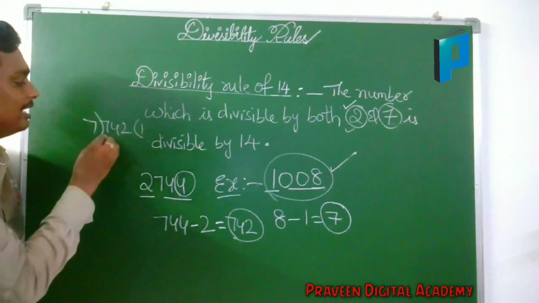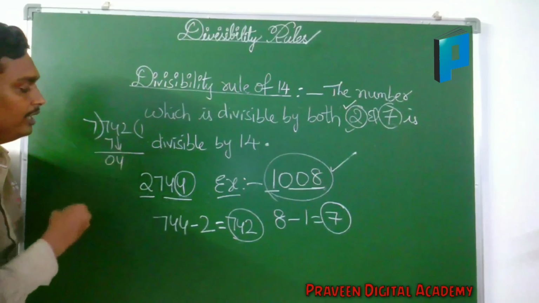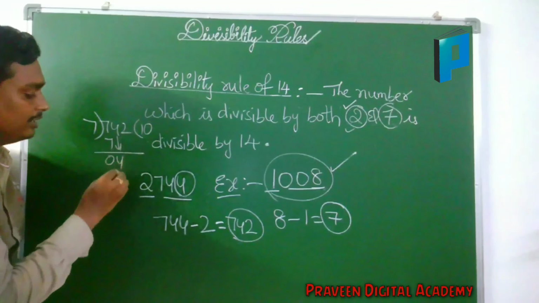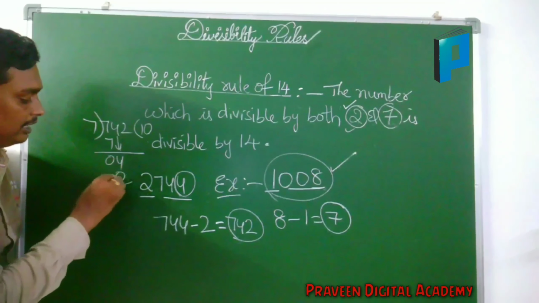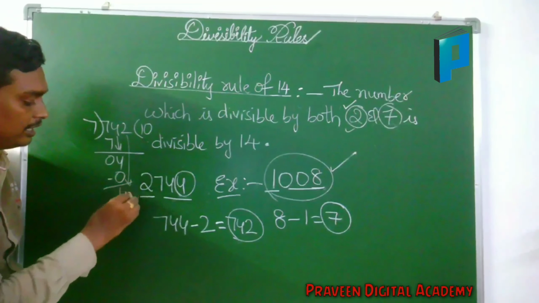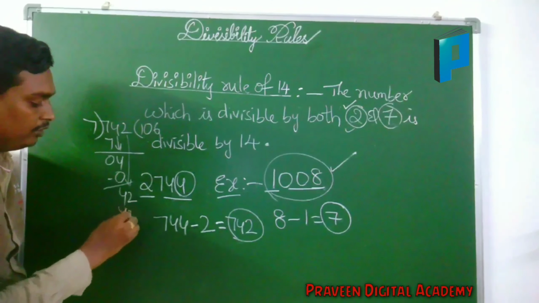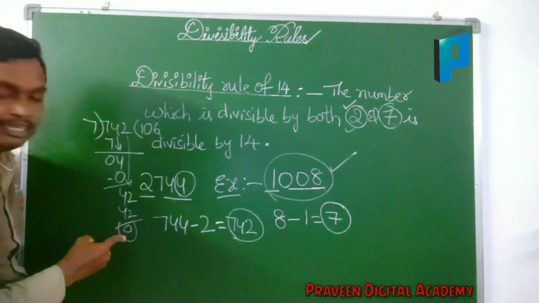Why? Because 7 ones are 7, you get 0, and you bring down this 4 here, and 7 zeros are 0. After subtracting again we get 4, and you bring down this 2, and 7 sixes are 42, and the answer is 0.